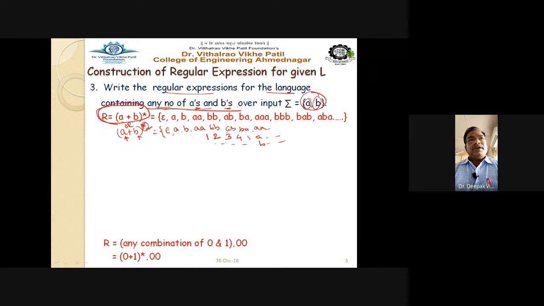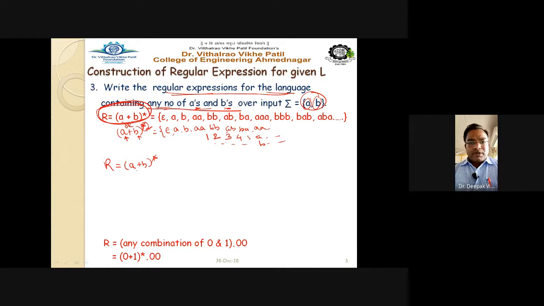So remember this by heart. Write the regular expression for the language containing the strings having any number of a and any number of b. So the regular expression is written. You have to write the answer like this: the regular expression is nothing but (a plus b) raised to star.